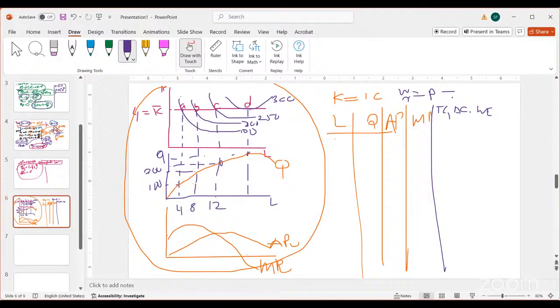This value also you should be able to find. With that, since the prices are also given, you could find the profit maximizing output and at that point the labor requirement in the short run. So that may be one exam question, but I'm not sure.